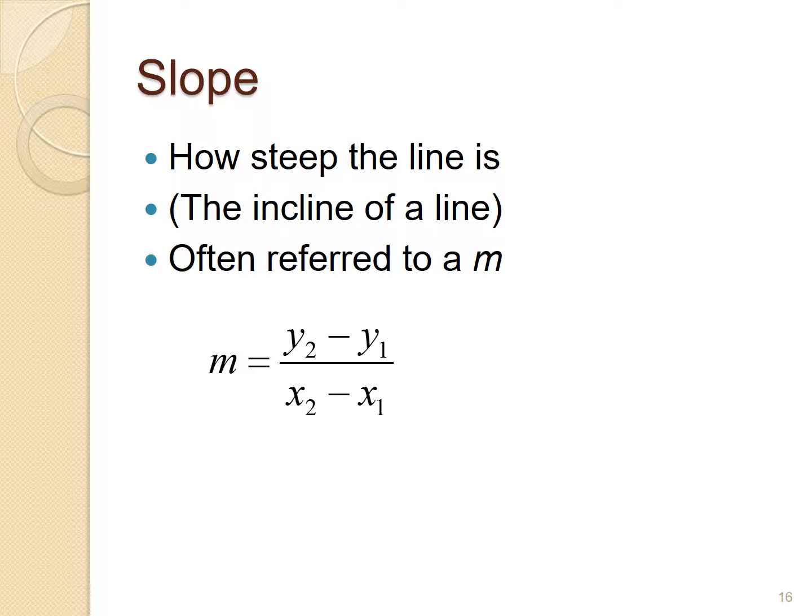And the formula for slope is this: m is equal to y sub 2 minus y sub 1 over x sub 2 minus x sub 1. When you're doing this, it simply means you're looking at two different points. One point would have x sub 1 and y sub 1. The second point would be x sub 2 and y sub 2.